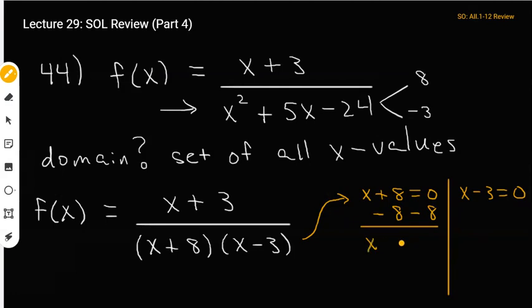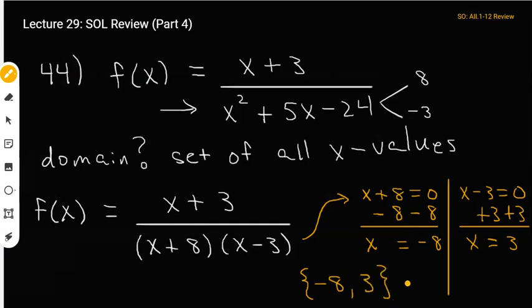I get x equals negative 8. And over here, I can add 3 to both sides. 0 plus 3 is 3. So these are the two answers that I get: negative 8 and positive 3.